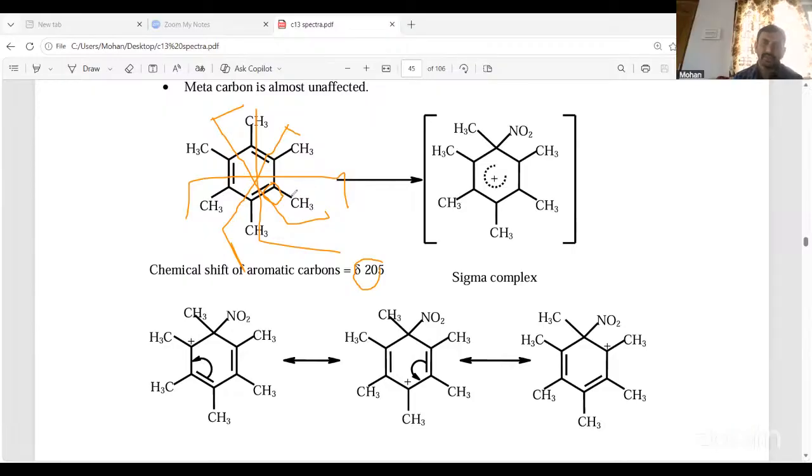And then this reaction proceeds by formation of what intermediate here? Is this reaction SN1 or SN2 here, right? Sorry, not SN1, it is electrophilic, right?